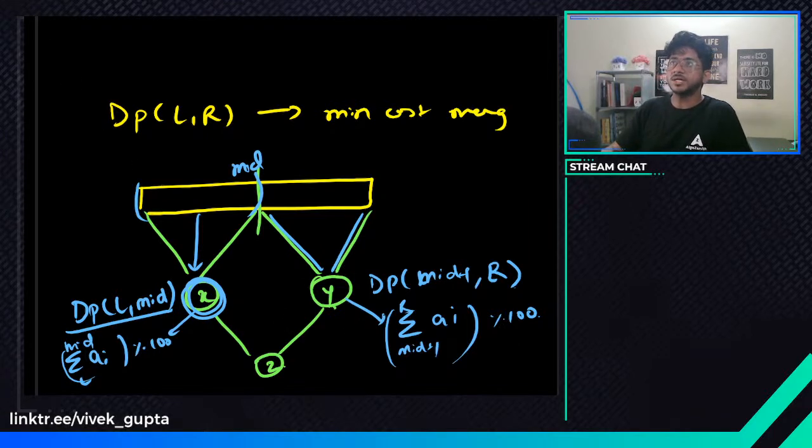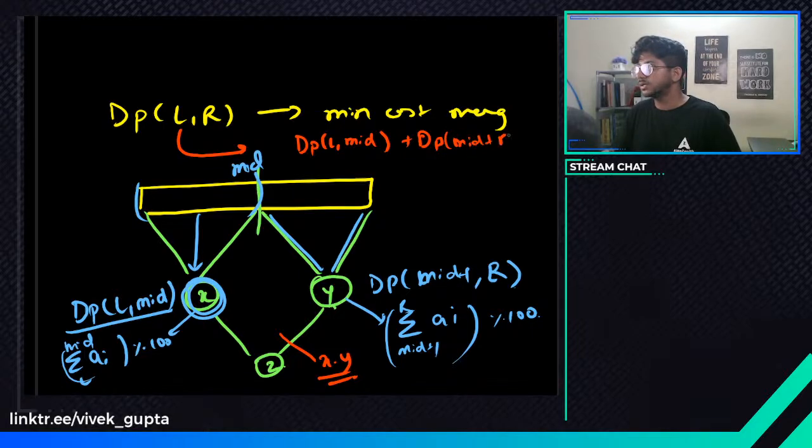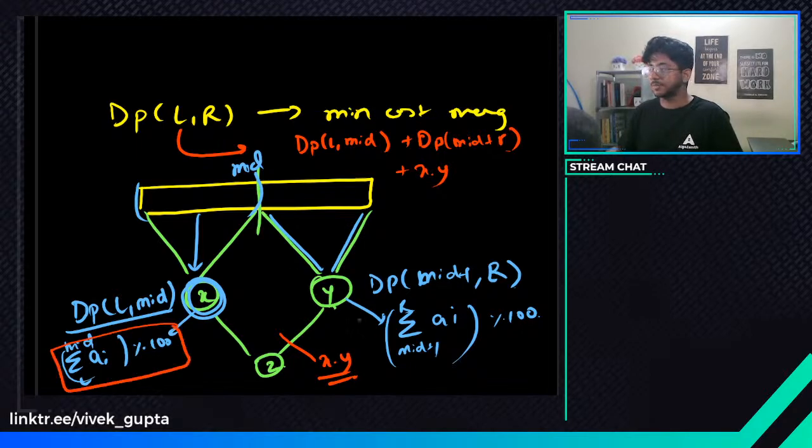Now to finally merge them together, we're going to get a cost of x into y. So the final value of dp of L comma R is, I'm going to write it over here, dp of L to bid plus dp of bid plus 1 to R plus x into y. X and y are these values, you can calculate them separately.